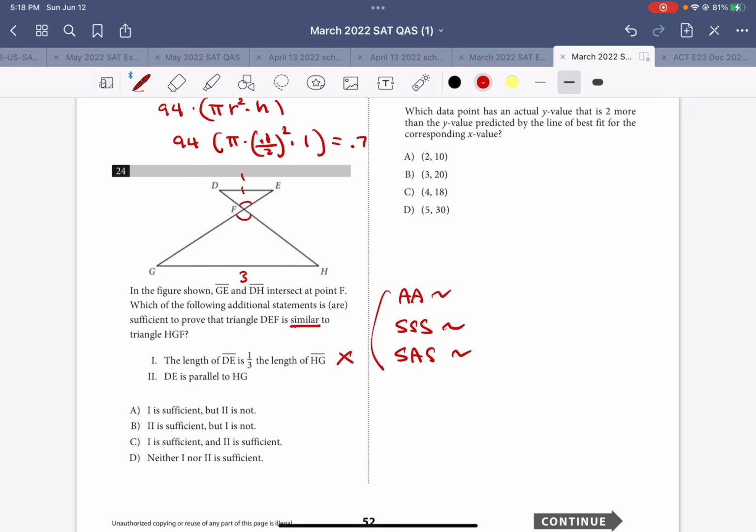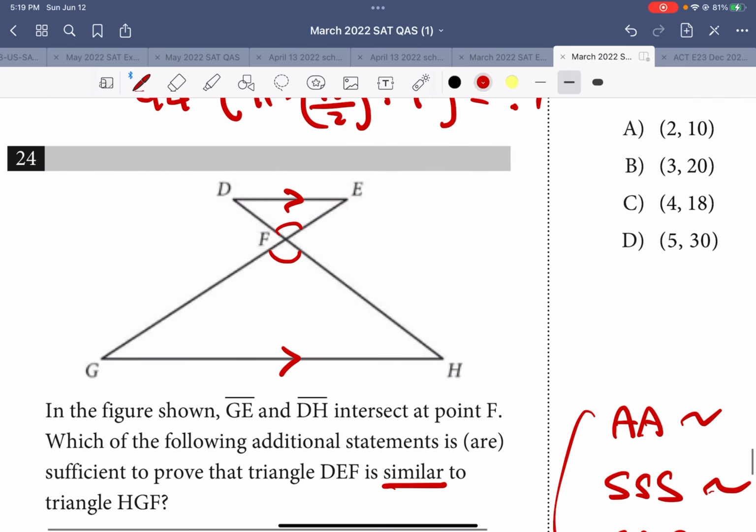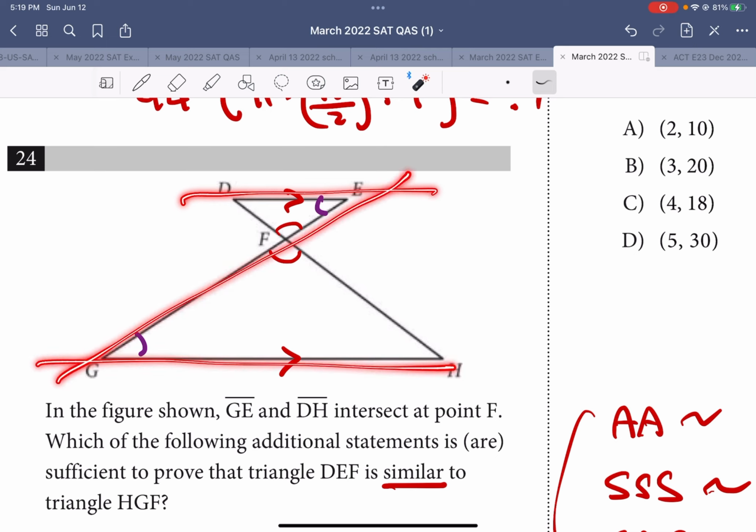Now let's read the second one. DE parallel to HG. What they're saying is, what if they are parallel? If they are parallel, you can say this angle is congruent. Why? If two parallel lines are cut by a transversal, alternate interior angles are congruent.